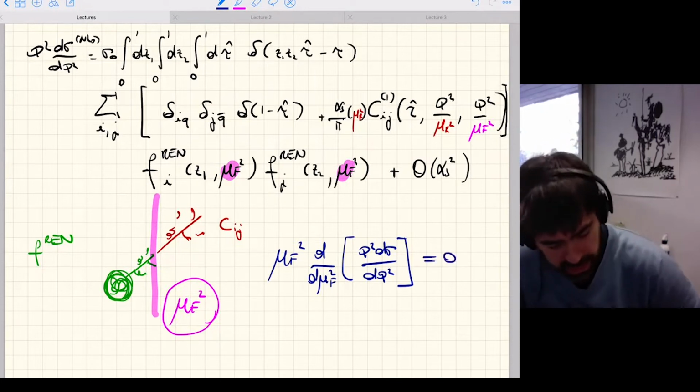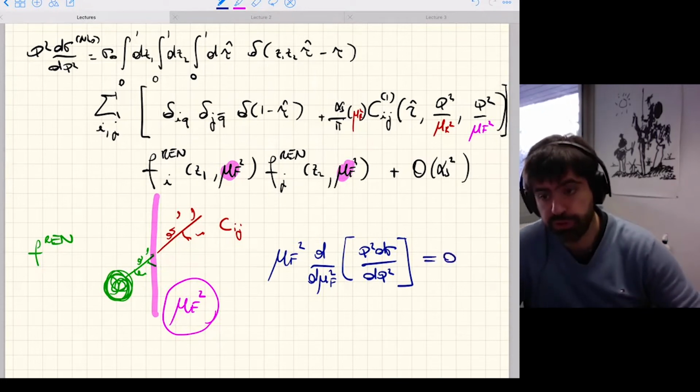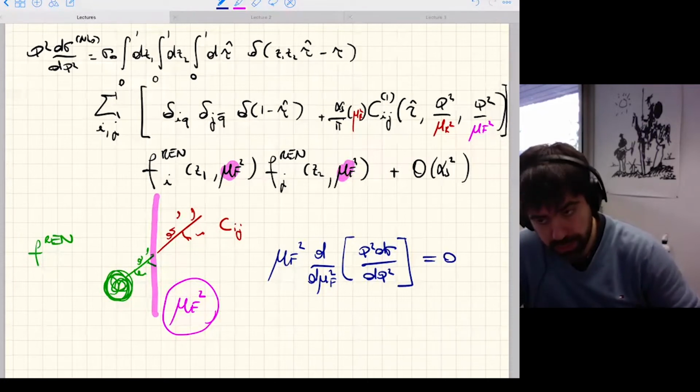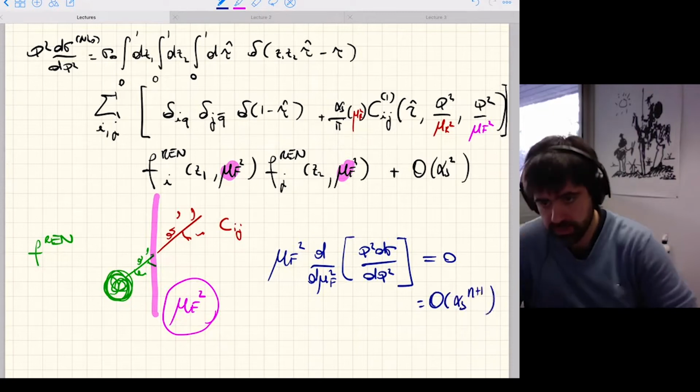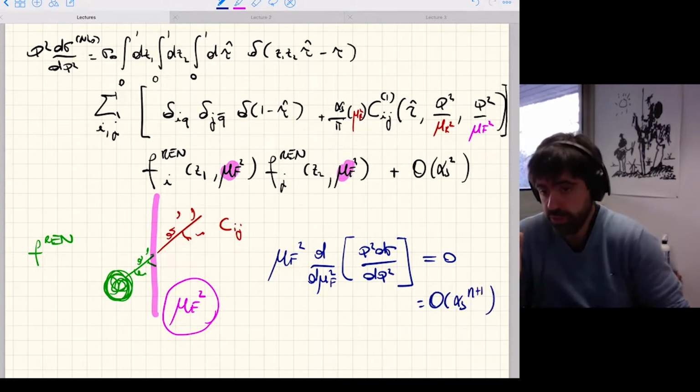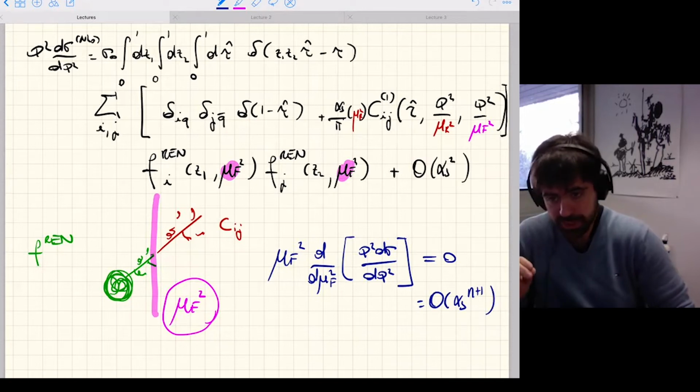More precisely, if you compute the physical observable at order αs to the power n, then the dependence of the physical observable on μf should be of order αs to the n plus 1. Namely, remember, we're still doing perturbation theory, so zero for us means something which is higher order.